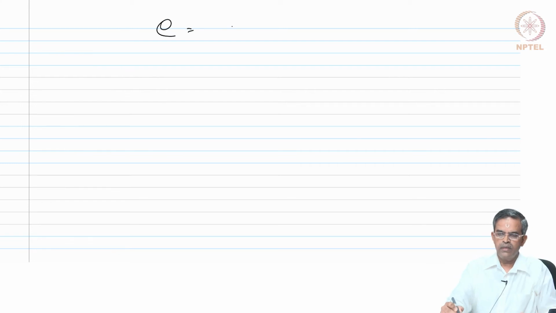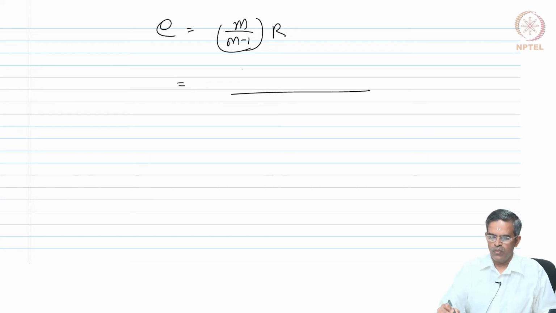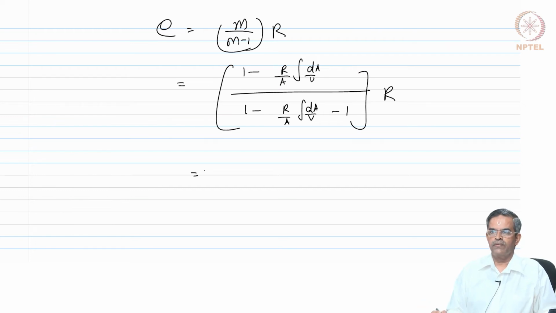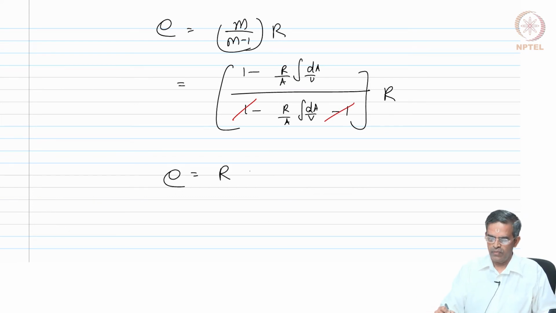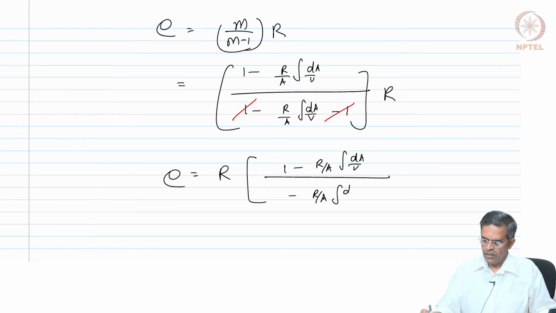And therefore, E is M by M minus 1 of R, which will be equal to 1 minus R by A integral dA by V, by 1 minus R by A integral dA by V minus 1, times R, which is equal to R times of 1 minus R by A integral dA by V minus R by A integral dA by V.